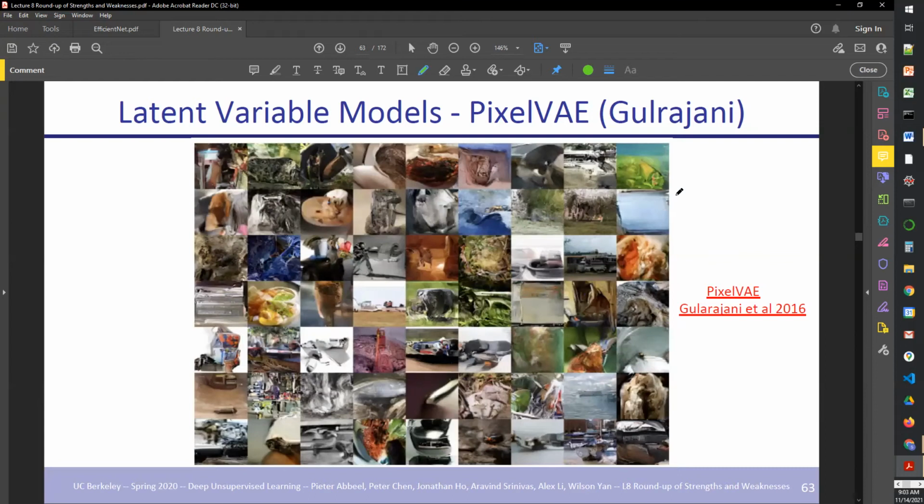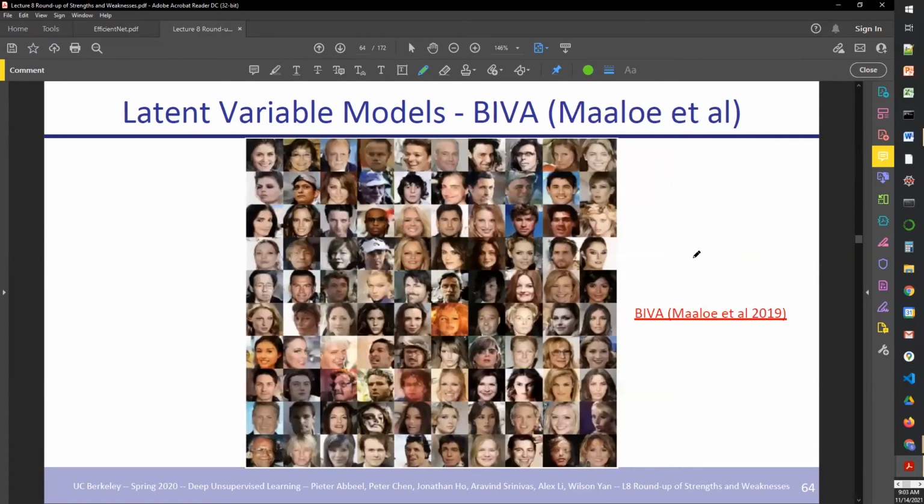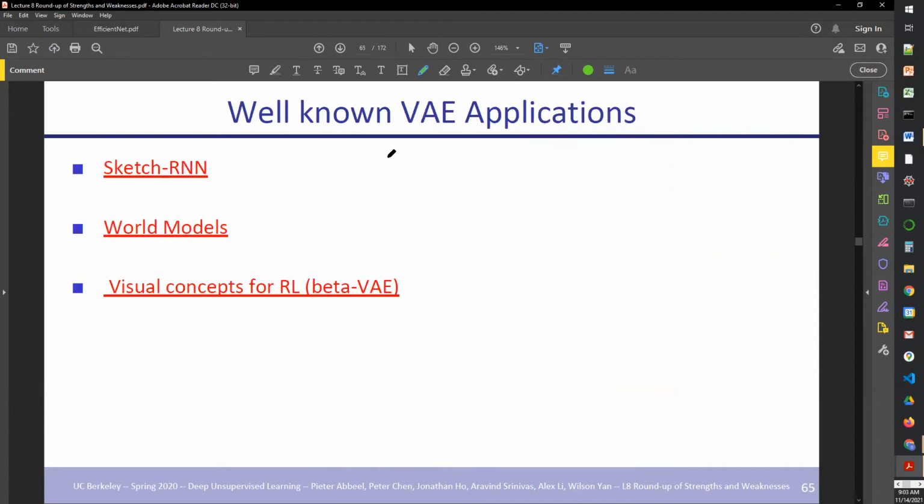So much better when applied to slightly larger images. And there's a whole set of applications. This is when applied to faces, again, the relevant paper reference for this kind of model. And then here are the applications of VAE in different domains.